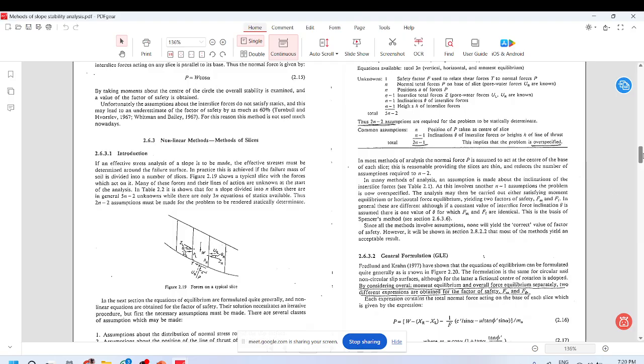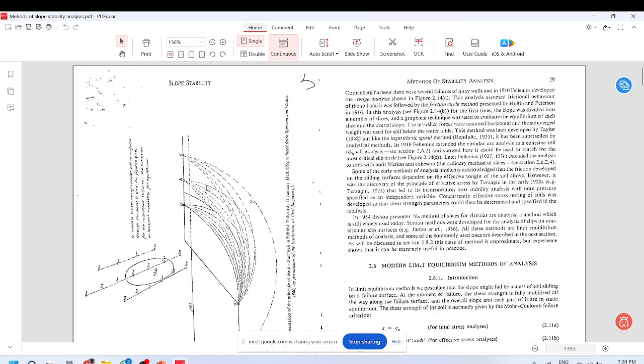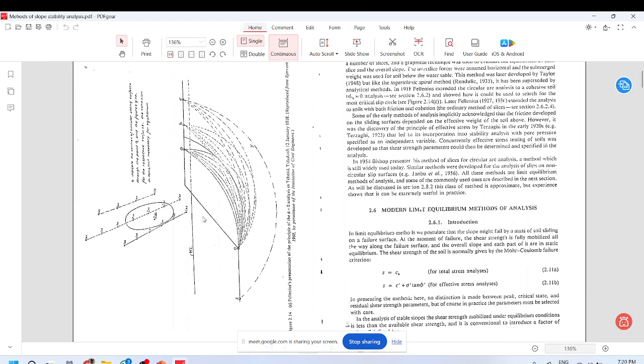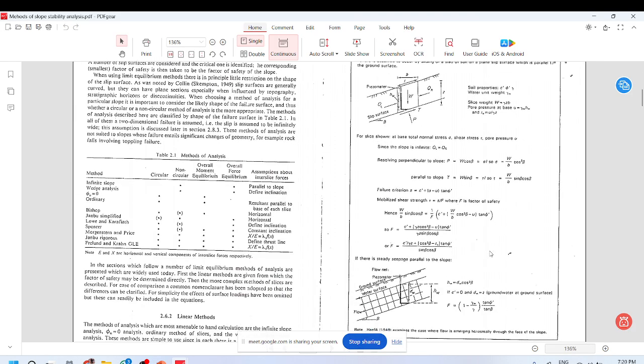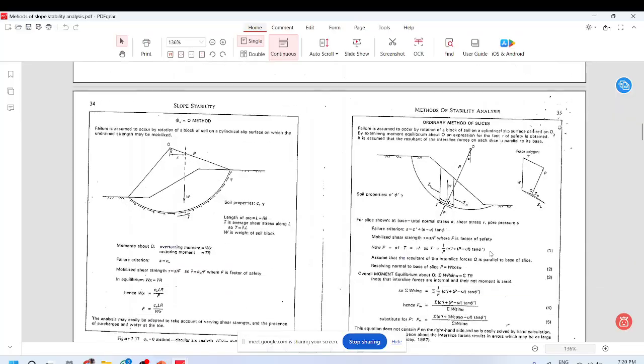Actually, this is the diagram where they have mentioned how we take the trial for the radius, which is based on the friction circle method, and we can come to that later.